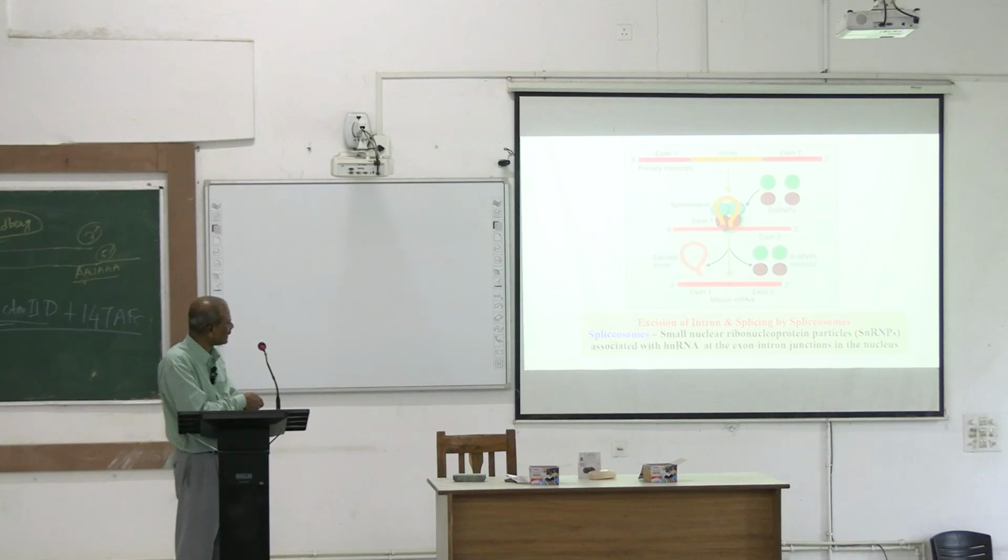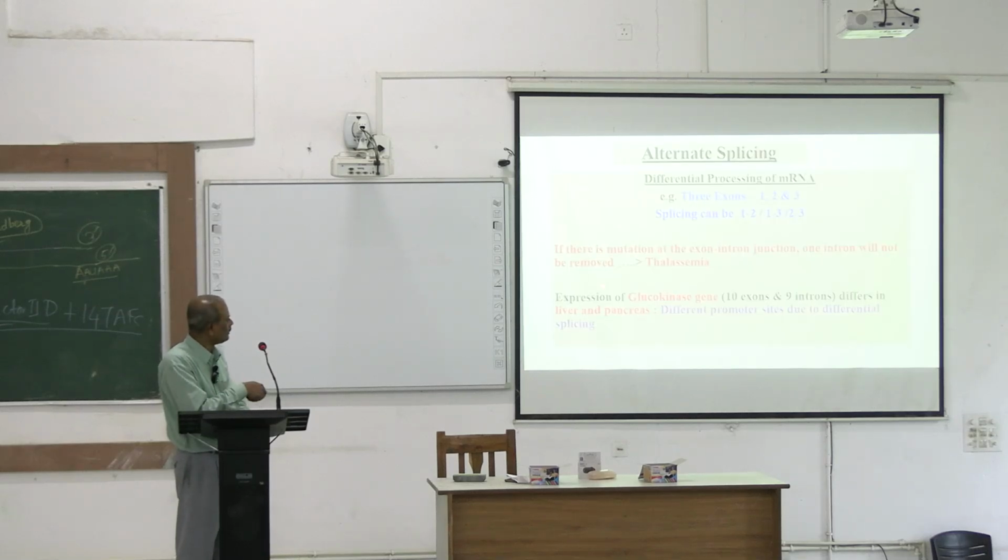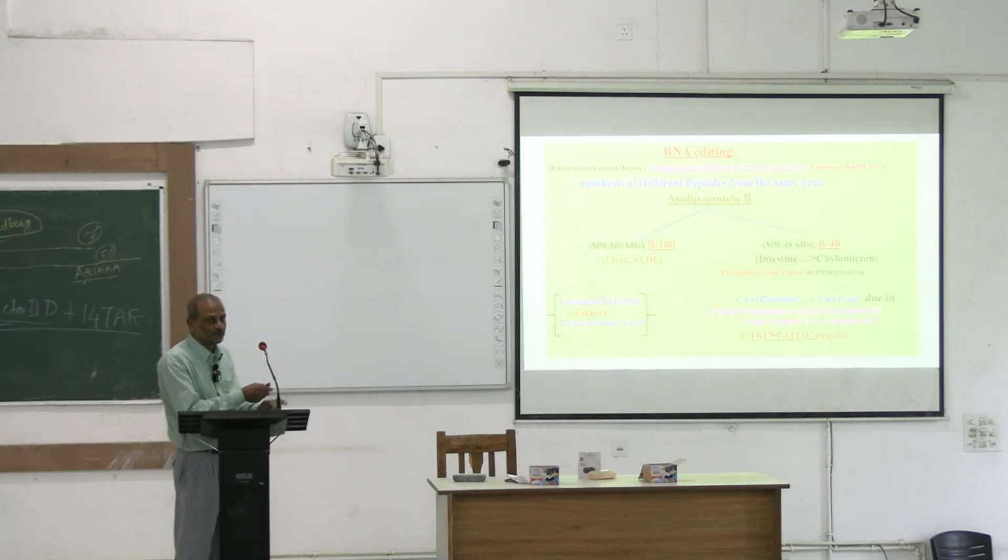That lariat structure I have told you. Alternate splicing I told you; again, with 3 exons, the example I have given was 1 and 2, or 1 and 3, or 2 and 3. If there is a mutation, there will again be disease, just like thalassemia I have told you. In alternative splicing, the original DNA is basically copied as mRNA, but with RNA editing, it is done post-transcriptionally.